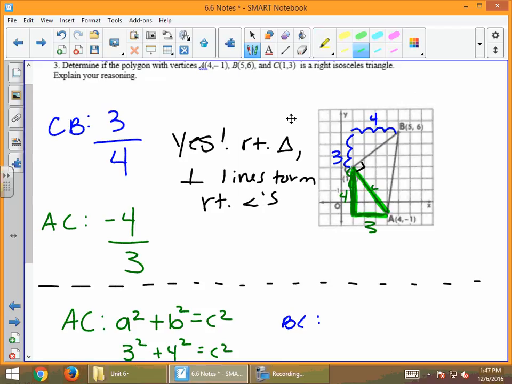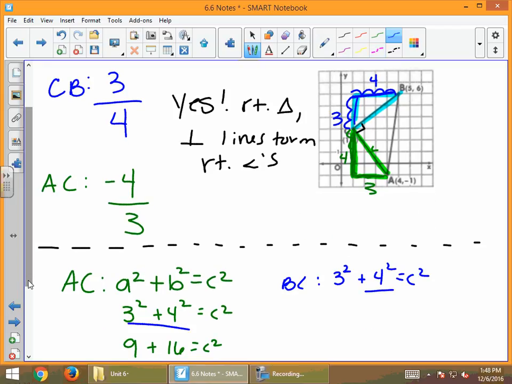When you make your right triangle, what do you notice about the legs? They're the same. This side's 3, so when you plug into the Pythagorean theorem, it'd be 3 squared. That side's 4, so it'd be 4 squared. What do you notice about here and here? It's the same thing.